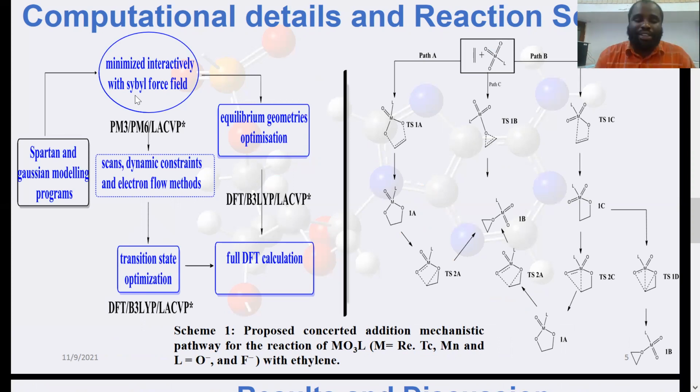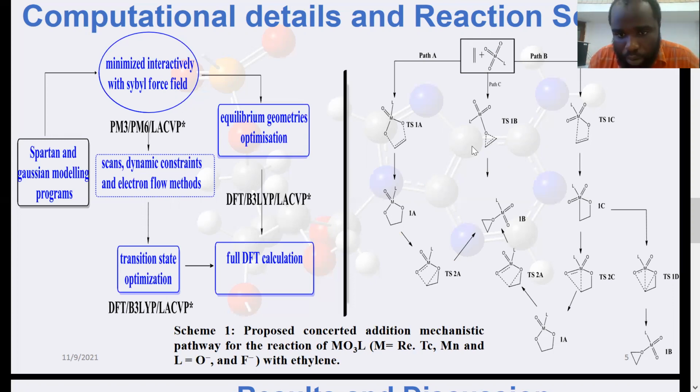After running them at the DFT level, any frequency corresponding to any degree of freedom in that system was real, and this was different from the structures obtained at the saddle point. For the transition states obtained from the scans, dynamic constraint, and also the electron flow method, the vibration corresponding to the reaction coordinate had an imaginary frequency.